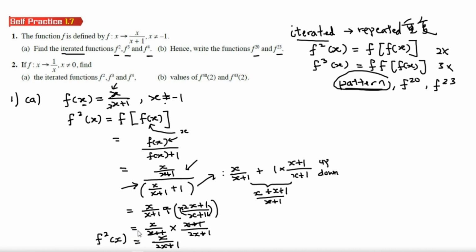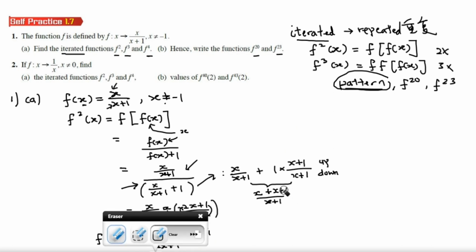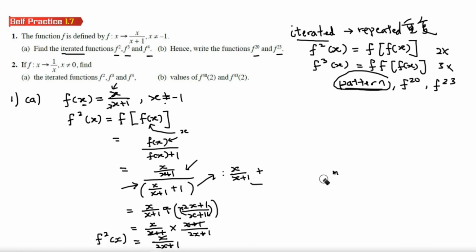Okay, so far can follow. Next, we find f cubed x. Okay, let's carry on. Maybe I delete this part first. Need more space to write the working. Okay, let's proceed. 勇敢的向前进 f cubed x.